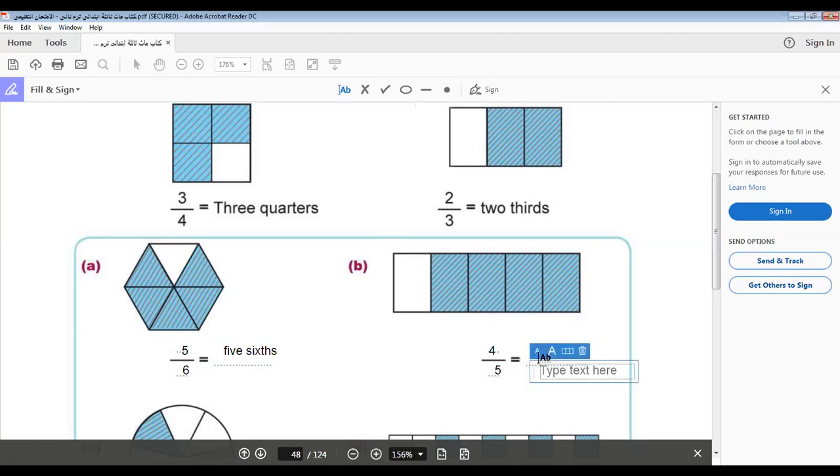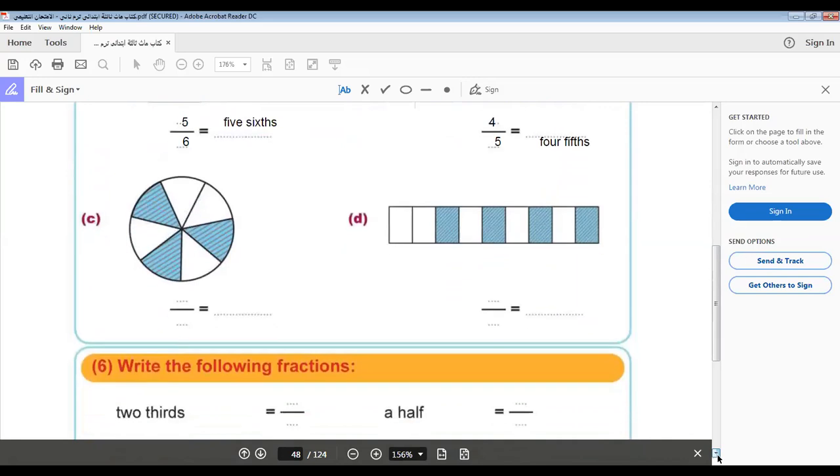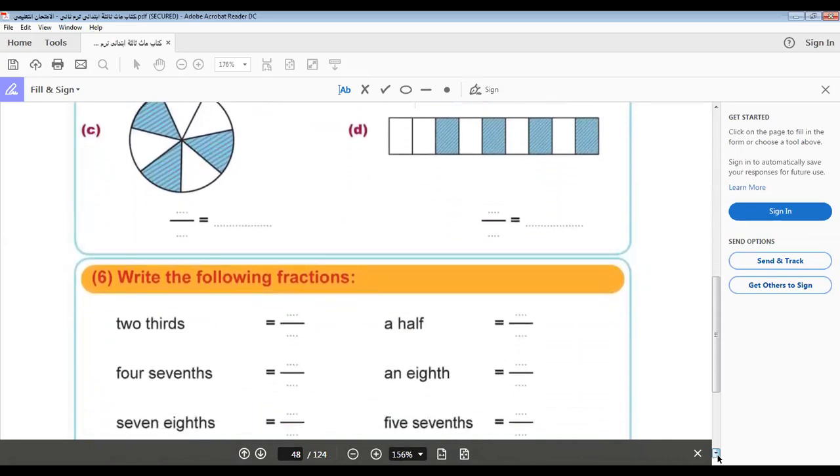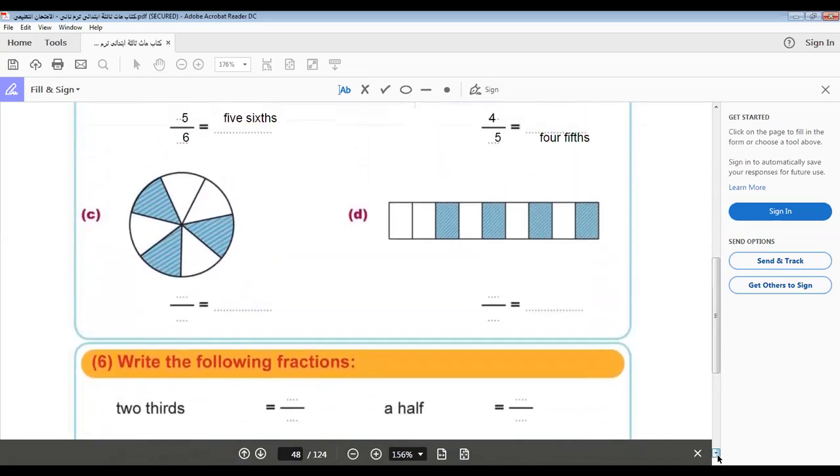So it is 4 fifths. Okay, C and D, do it by yourself.